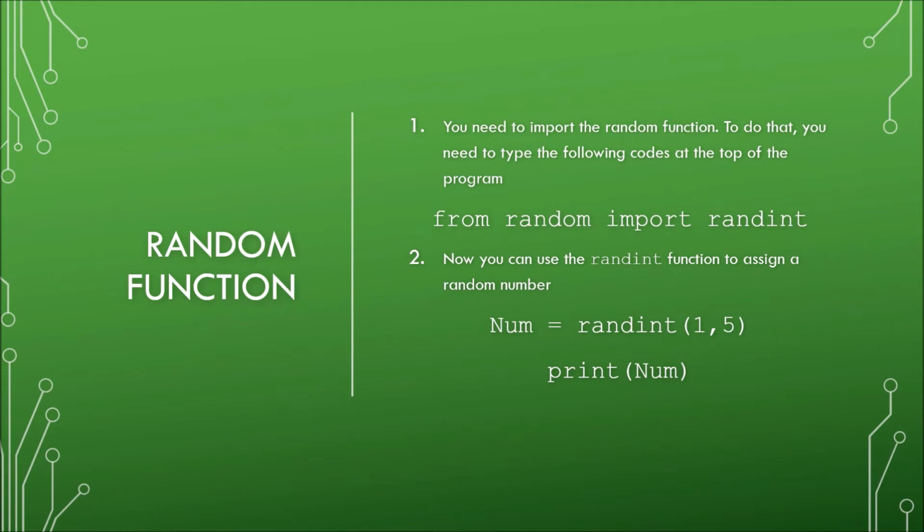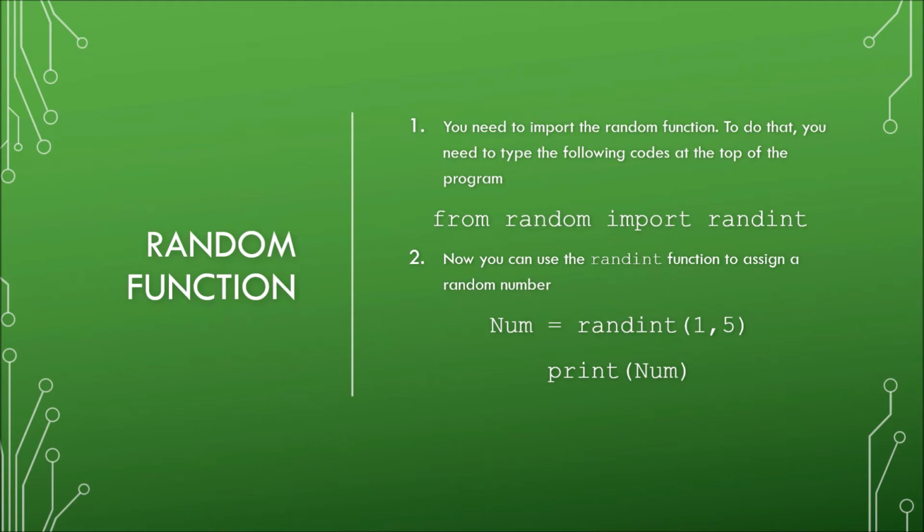Now, in random function, there's two things you need to do first. First part is to import a library. It does not come by default, so we have to inform Python. You have to go into the Python library to import a very specific function into the program, because we are going to use it.